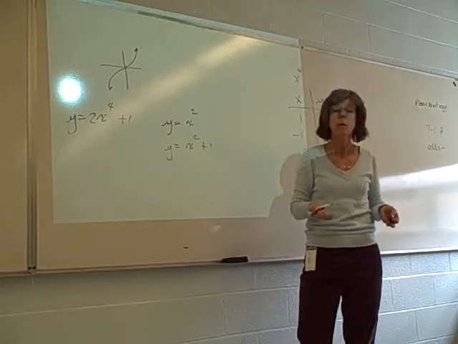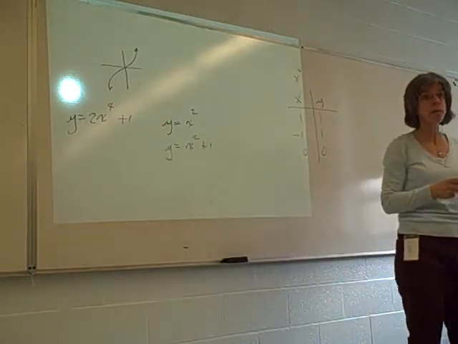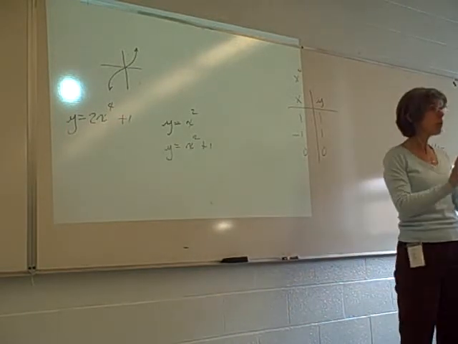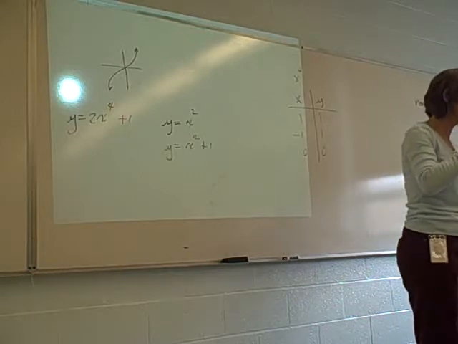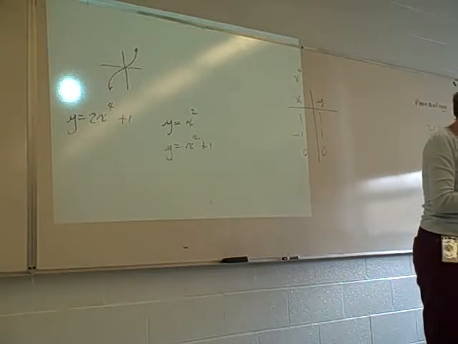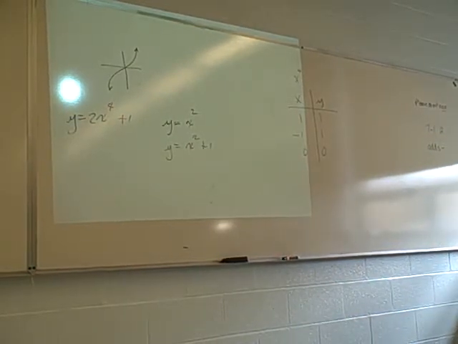It went up. The same thing happens when we have equations with different exponents. So we're just looking at a couple of different things, and today's lesson will hopefully be a review for you as well.